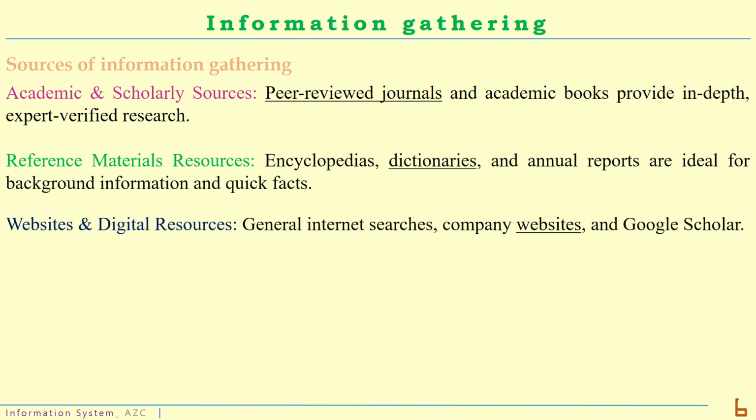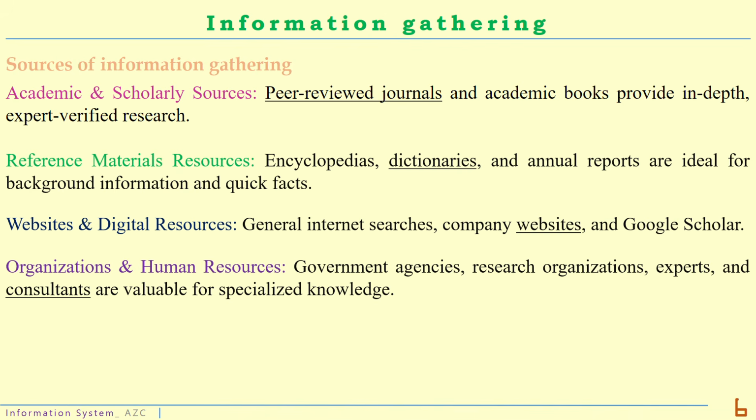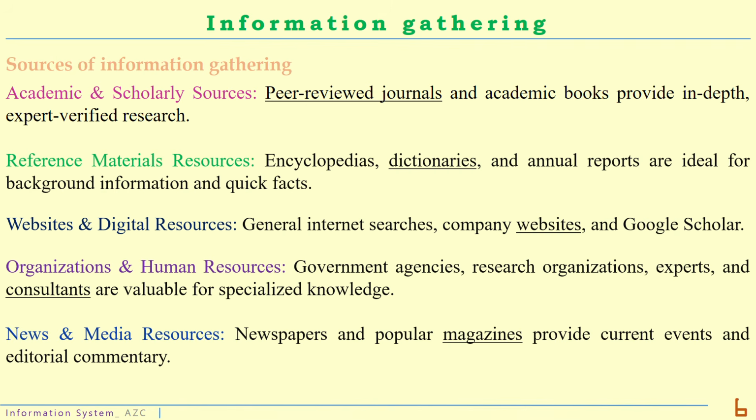General internet searches, company websites, and Google Scholar. Organizations and human resources. Government agencies, research organizations, experts, and consultants are valuable for specialized knowledge. News and media resources. Newspapers and popular magazines provide current events and editorial commentary.